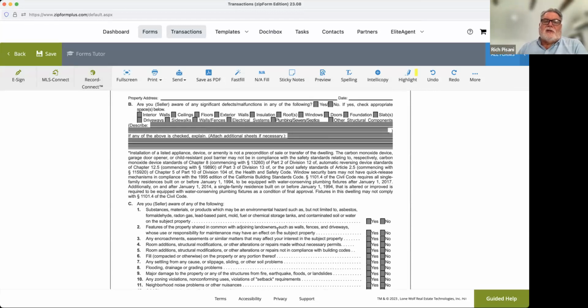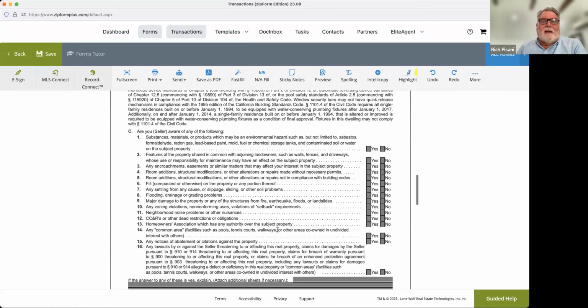Going to the second page, these questions are couched: is the seller aware of any significant malfunctions of the following? And it lists all these things. If they're not aware, then the answer is no. If the answer is yes, they need to describe what the issue is with whatever they're saying is malfunctioning.